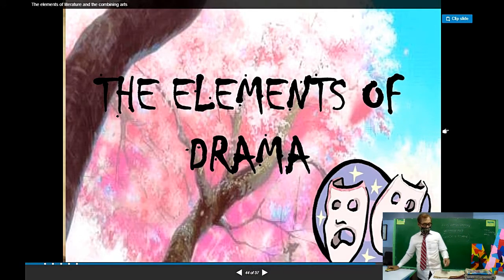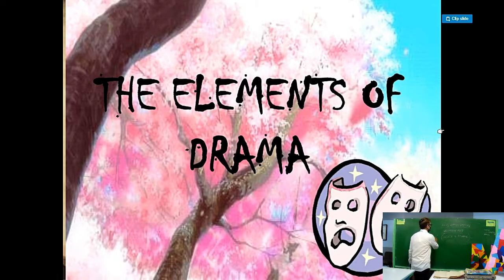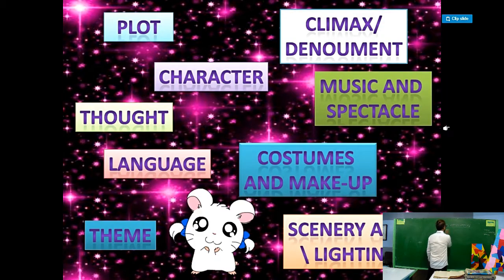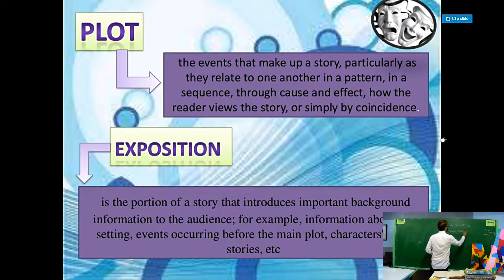Now let's go to the elements of drama. Well, these are the elements: plot, character, thought, language, theme. Drama must have climax, denouement, music, costumes, and special effects like scenery and lighting. Plot is one of the elements of a drama.